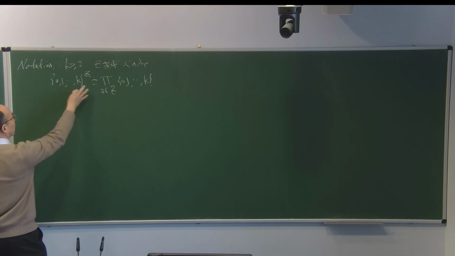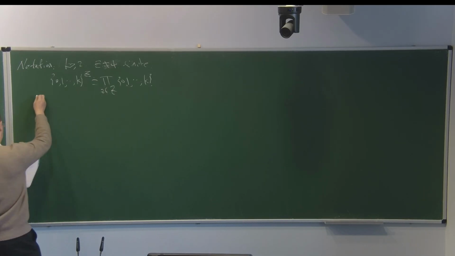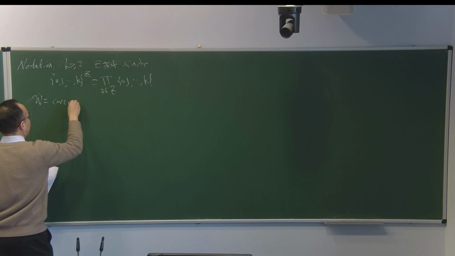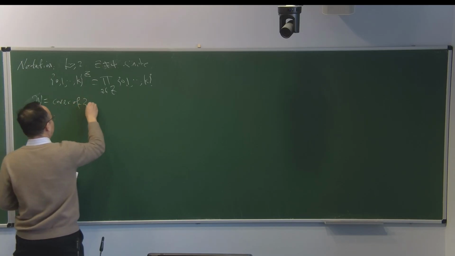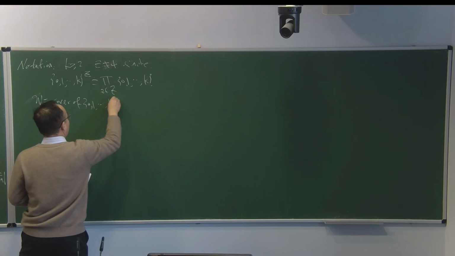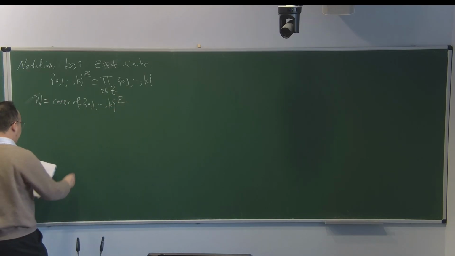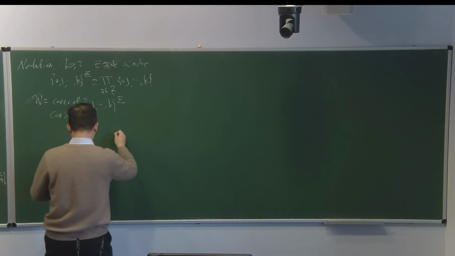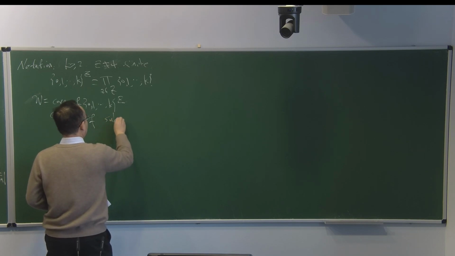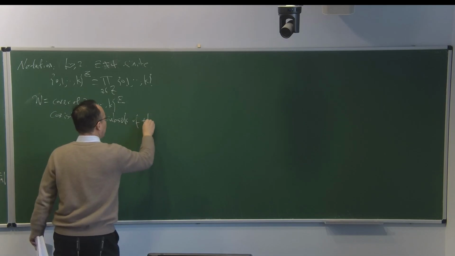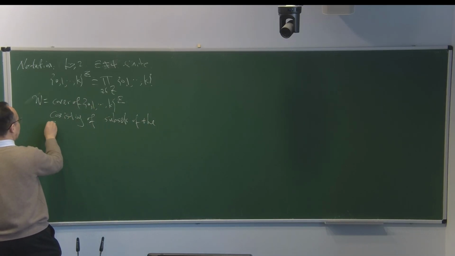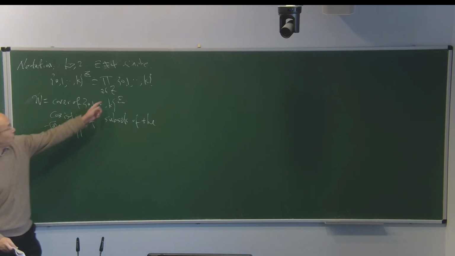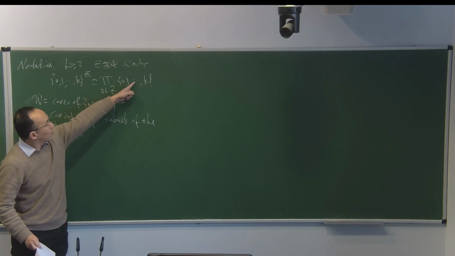Then we try to look at certain covers of it. W will be the cover of this set consisting of subsets of the form where at each coordinate we take out one point and look at the complement, and then look at the product.